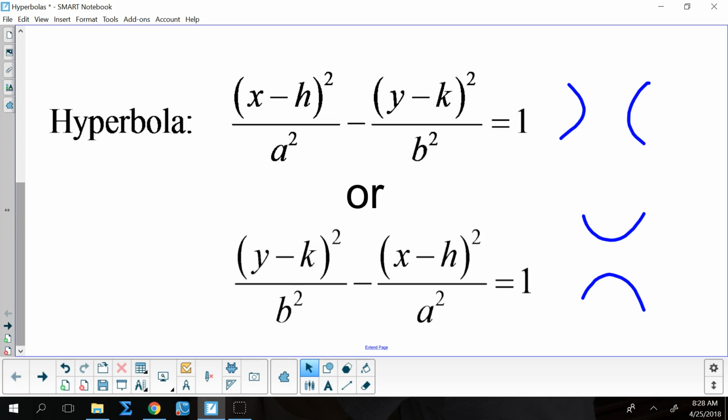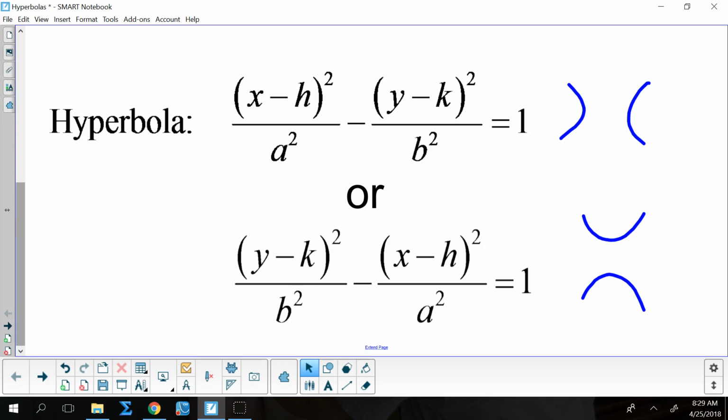What do you mean positive? Well, see, because we're subtracting, really this is minus y squared. So y squared is negative. And on this bottom one, it's minus x squared, so x squared is negative. Or if you prefer, you look at which variable comes before the subtraction sign. If x squared comes before the subtraction sign, that's left and right. If y squared comes before, up and down.